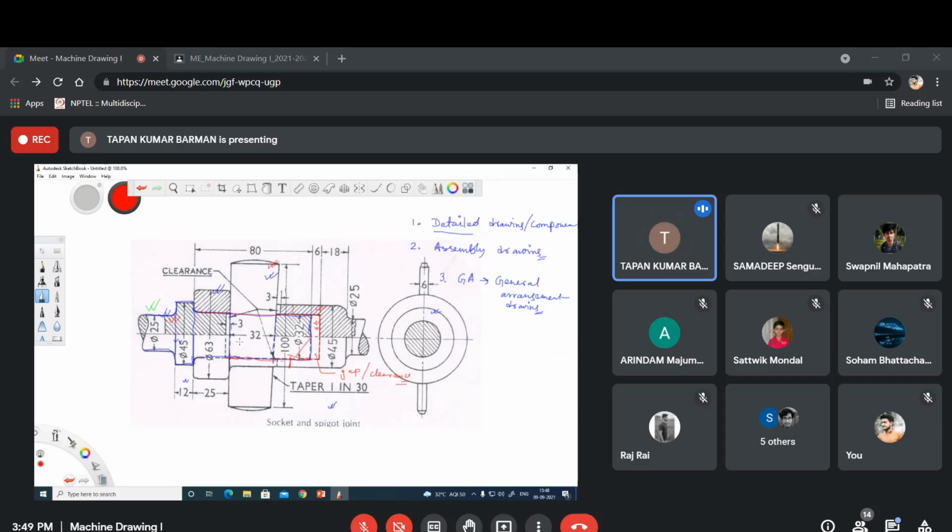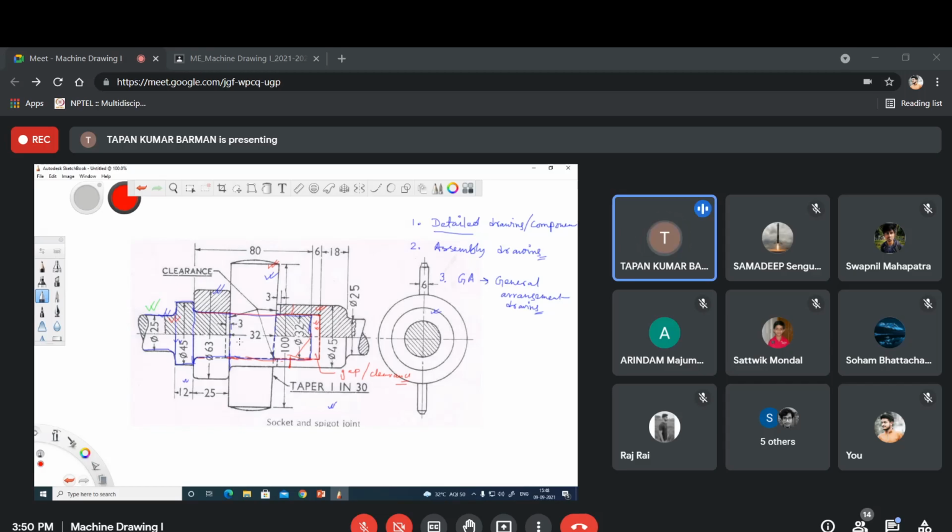So that is why you need to provide a second view. Sometimes for different objects, two views are not sufficient. At that time, you need to use another view or more views. So you have to understand how many views are required to communicate the information.